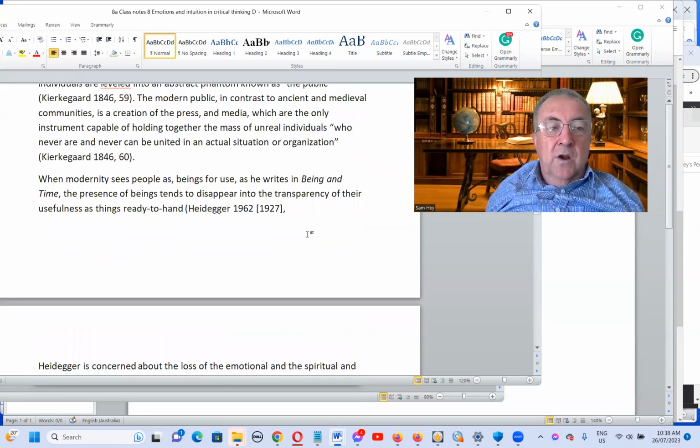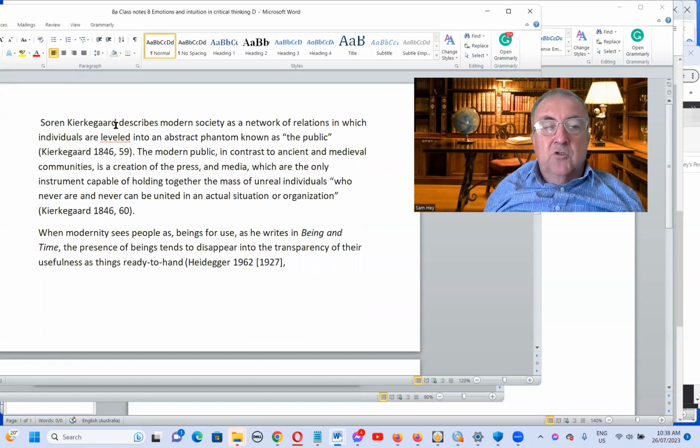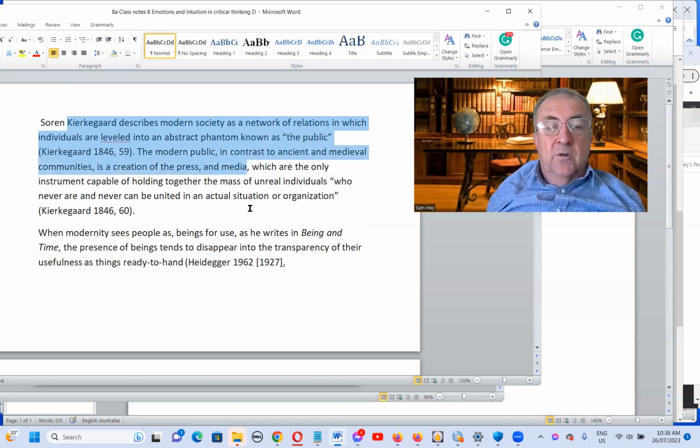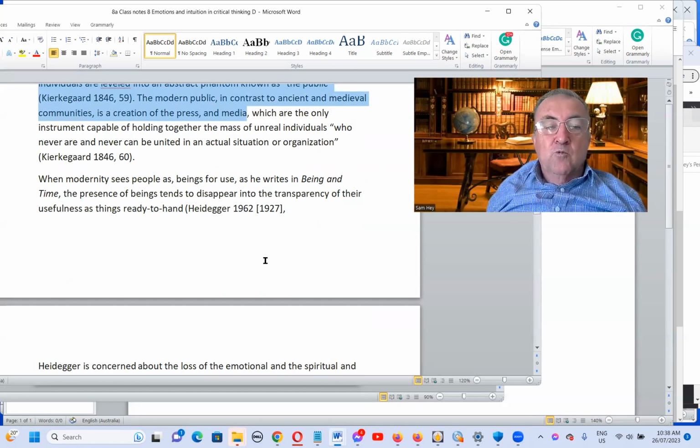And Søren Kierkegaard and others have described modern society as a network of relations in which people talk about abstracts of this is the public, this is right, this is being logical. And at times, they don't recognize the imbalance and the conflict that is really existing.